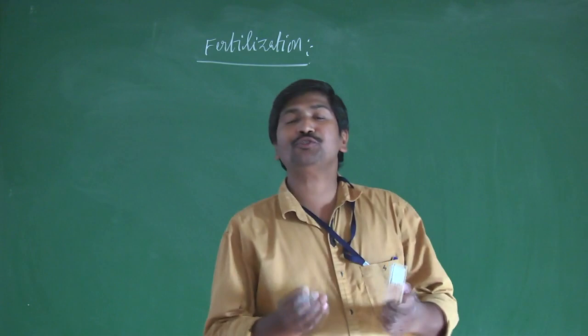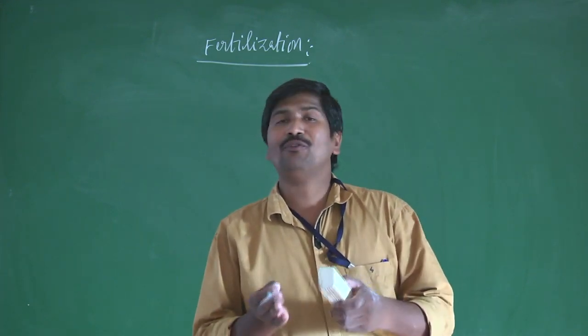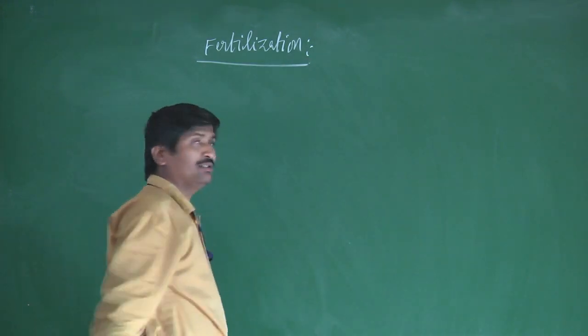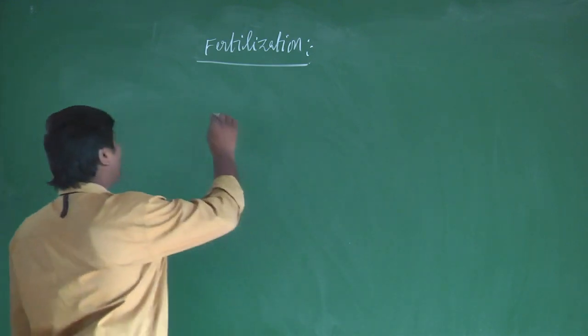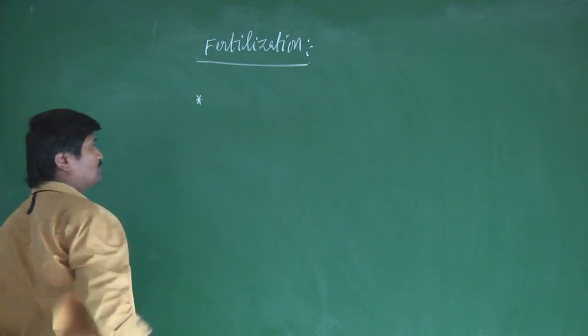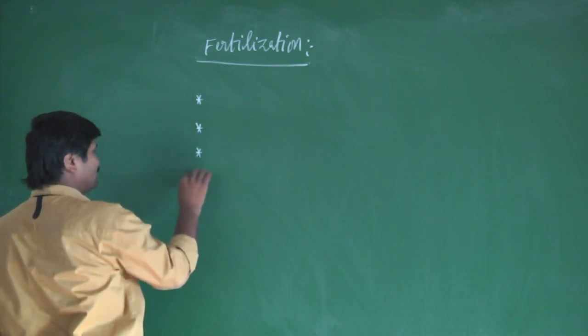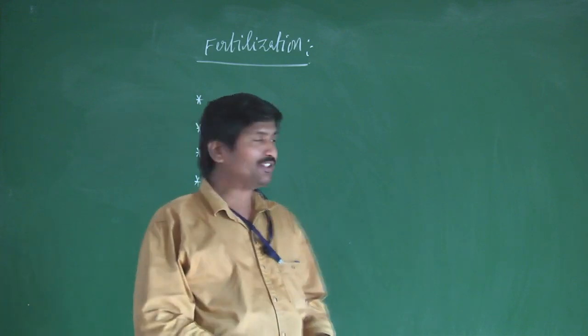Fertilization means the fusion of male and female gametes. The fusion of male and female gametes is known as fertilization. This fertilization process involves 4 steps. What are the 4 steps involved in the fertilization process?